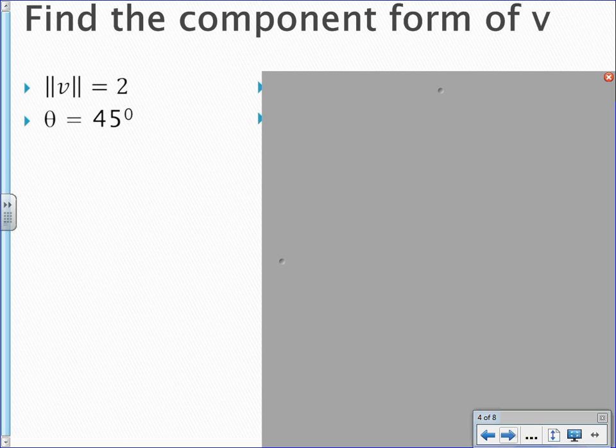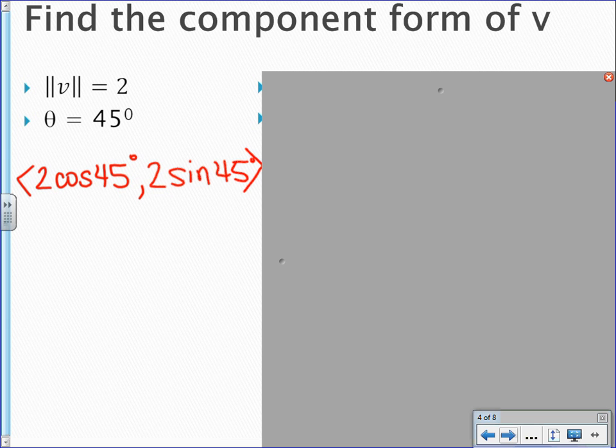Our horizontal component, how do we find it? We would have to say 2 cosine of 45 degrees, right? Our vertical component we take by multiplying 2 times the sine of the angle.